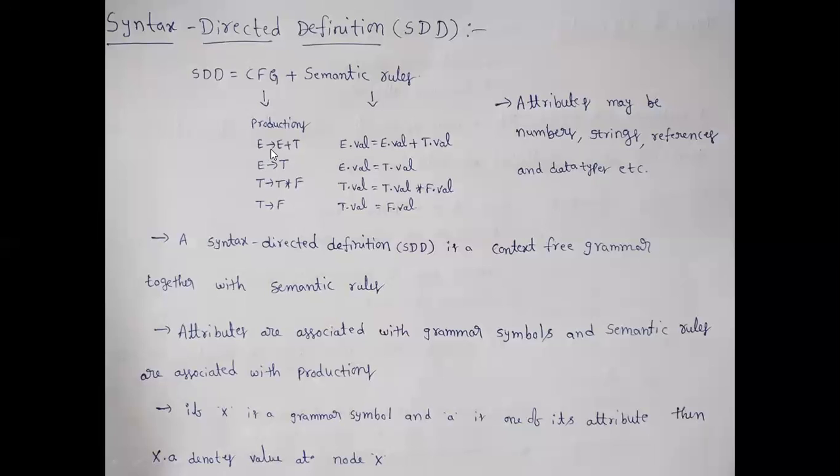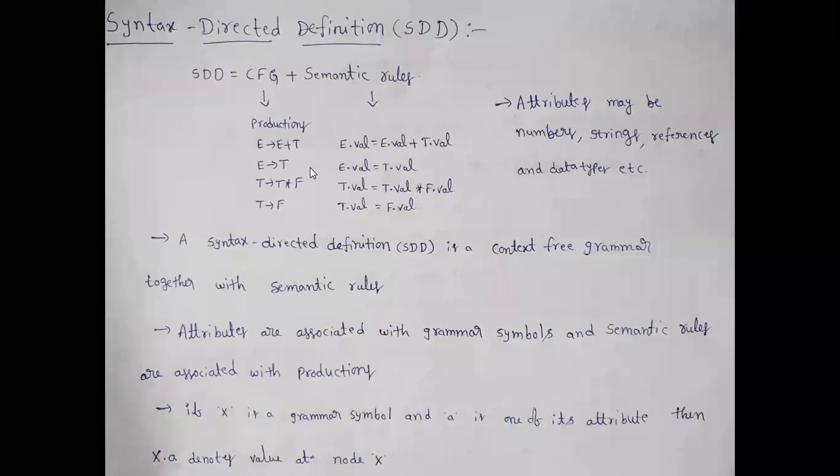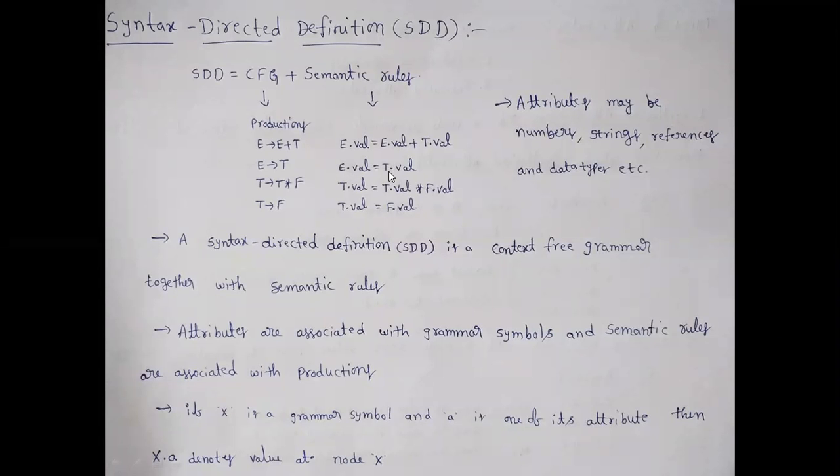So here we are writing the semantic rule. For E produces E plus T, the semantic rule is E dot VAL equals E dot VAL plus T dot VAL. We can specify a difference between this E and this E by indicating E1 also. And E produces T, so the semantic rule is E dot VAL equals T dot VAL.